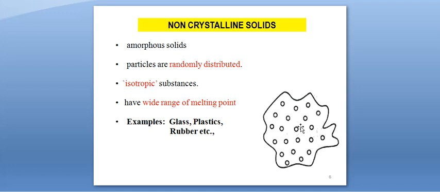They are isotropic substances, but crystalline solids are anisotropic substances. Crystalline solids have a sharp melting point, but non-crystalline solids have a wide range of melting point. The examples for non-crystalline solids are glass, plastic, rubber, etc.